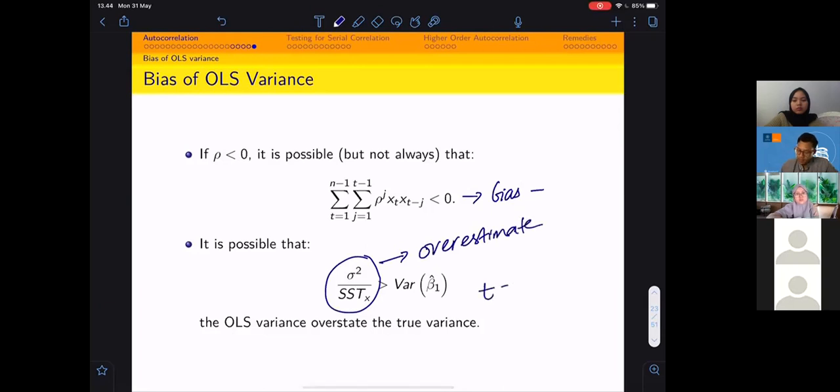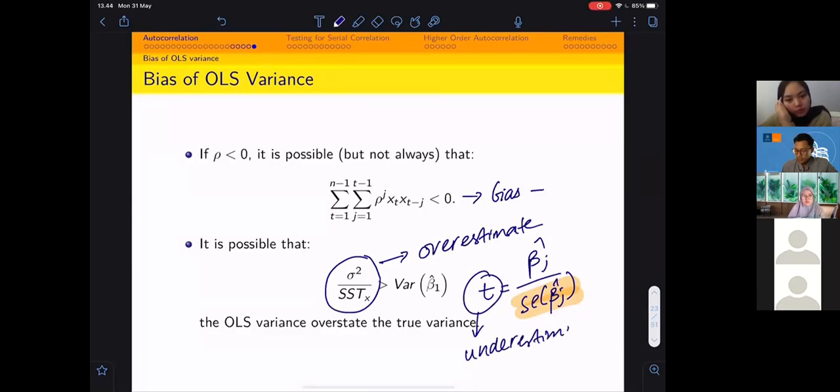If you take a look at the t-test, if your standard error is overestimated, then your t statistic is going to be underestimated. It's going to be lower than the actual t statistic. In that case, the probability of type 2 error is going to be higher. So the probability that you fail to reject a false null hypothesis is going to be larger.